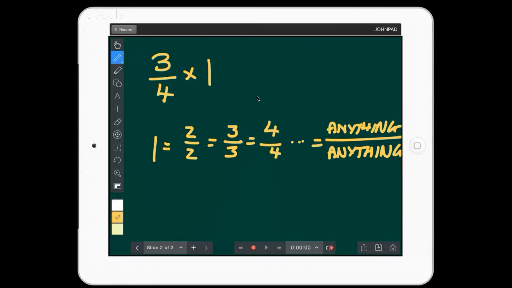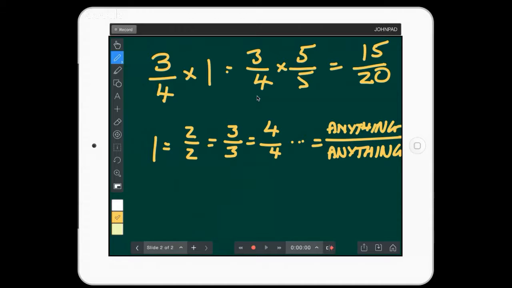So I can take my 3/4 and, for example, multiply it by 5 over 5, excuse me, and I get 15 over 20.